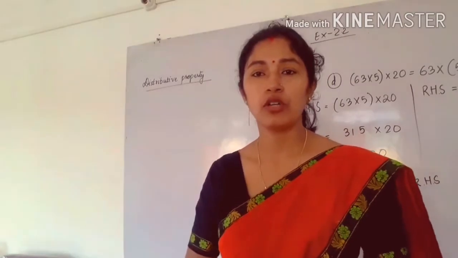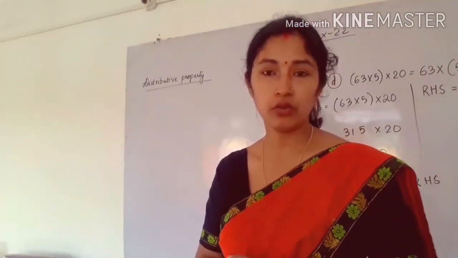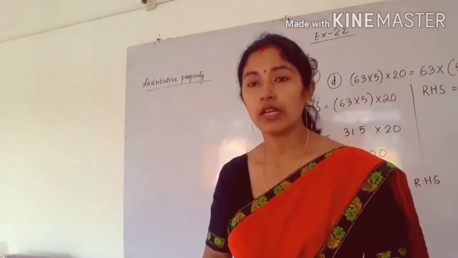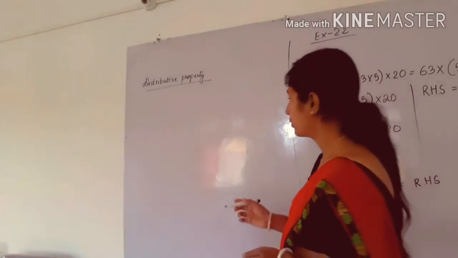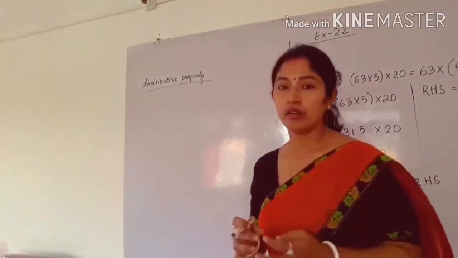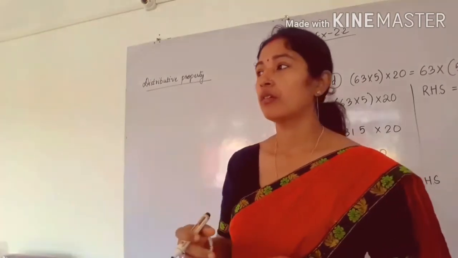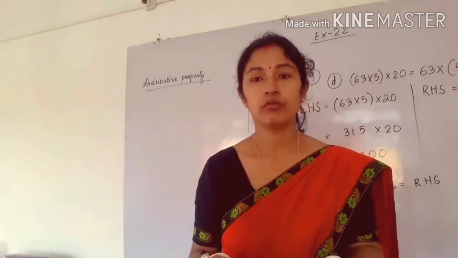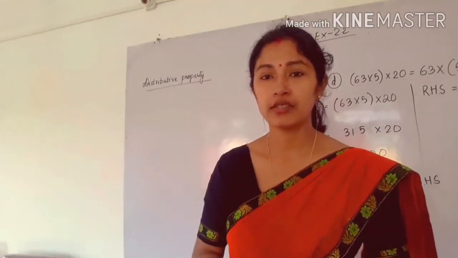Next property is distributive property, which I have not discussed earlier. So what do you mean by distributive property? I will give you one example. Suppose we have 5 bouquets. You know bouquet. In a bouquet we have different flowers that we used to give to some special person, like some special guest.